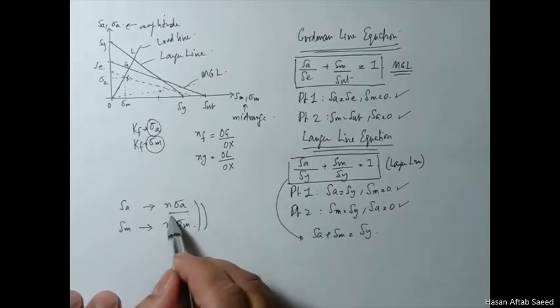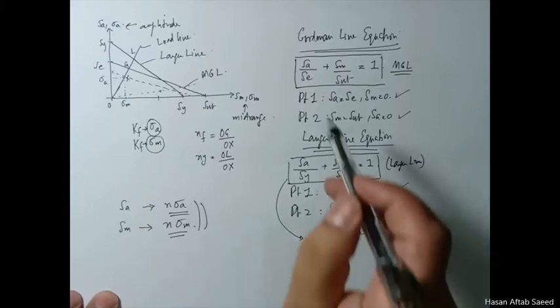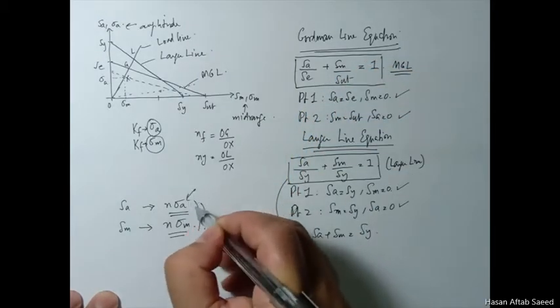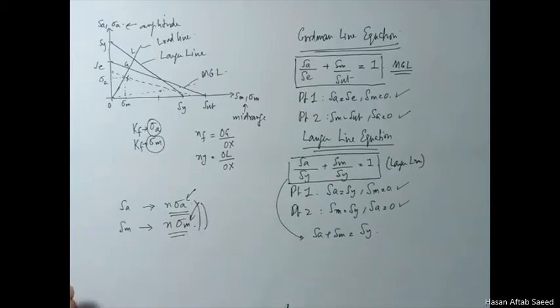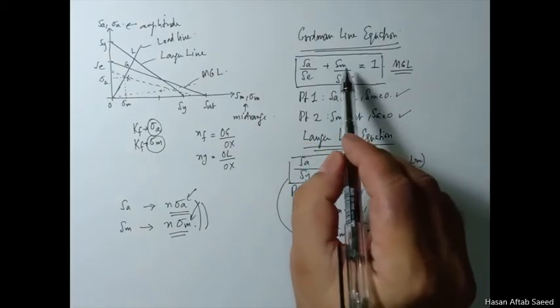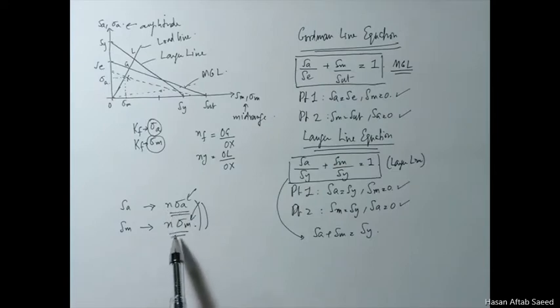These are the coordinates which we should plot on these equations if we are talking about the stress values and not the strength values. So what remains is simply putting these values in, instead of SA and SM, we are going to use n sigma A and n sigma M.